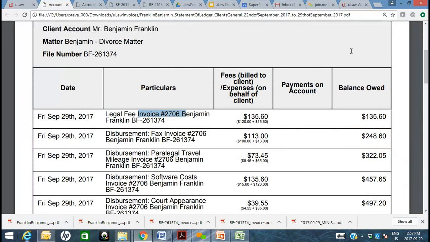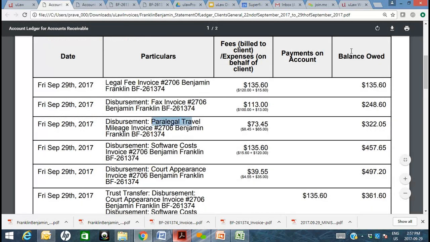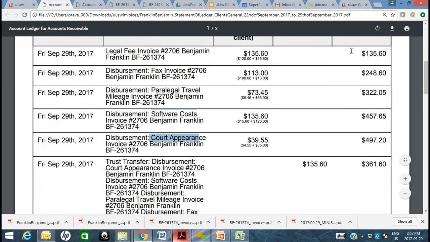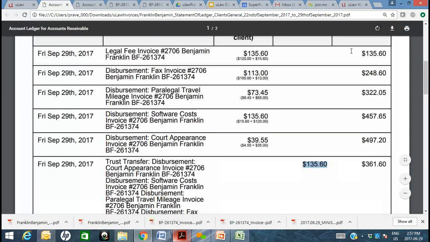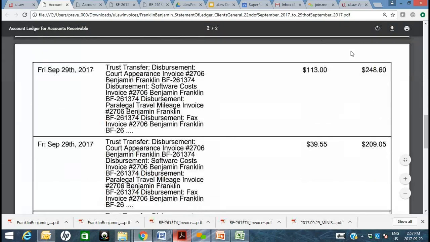So for the legal fee of $120, you had the $15.60 of tax, and for the individual disbursements, right from faxes, travel mileage, software costs, court appearance outsourcing, that was then moved in these 4 different ways. And as it was moved, you had a decreasing running balance.